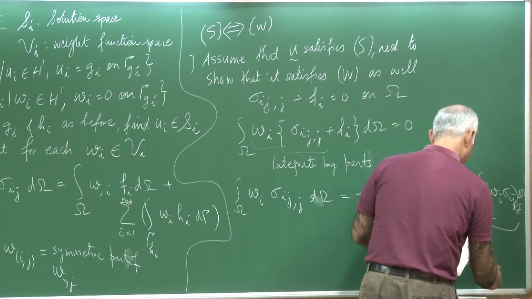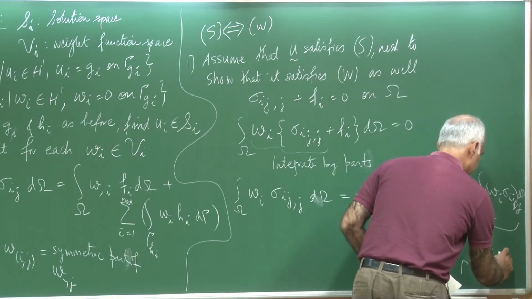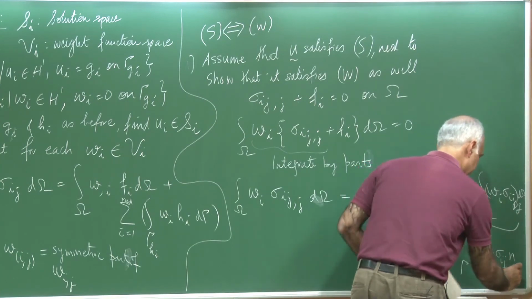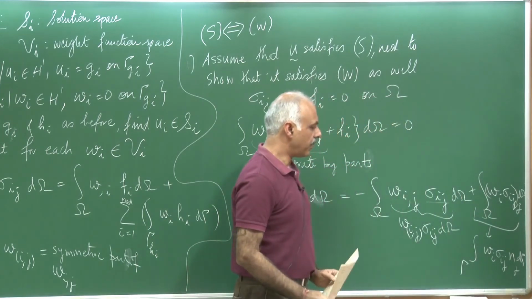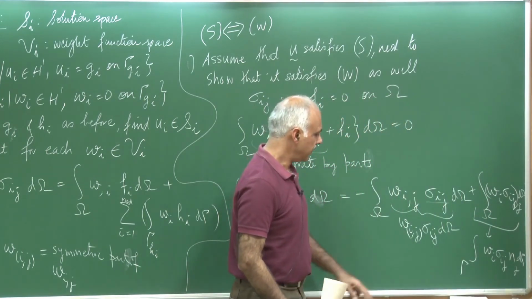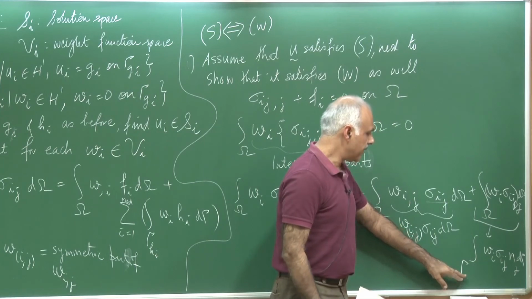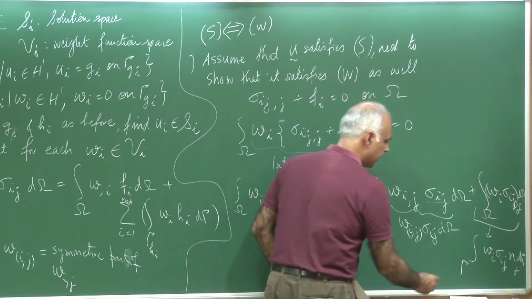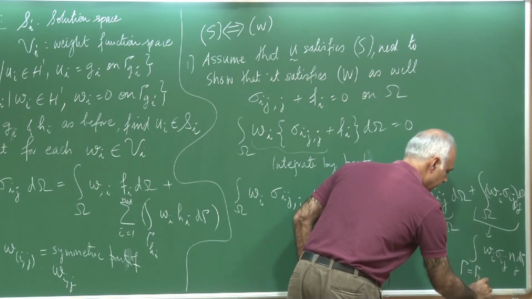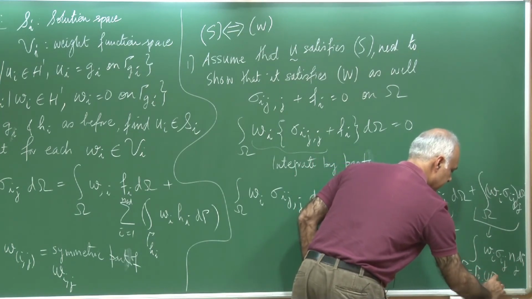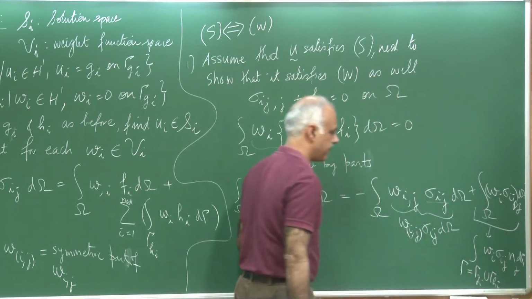So I would write this as W i sigma ij times n j d gamma, and now I will use the boundary condition. This integral over gamma, I can split into two parts. If you recall, there is gamma g i and this is gamma h i.